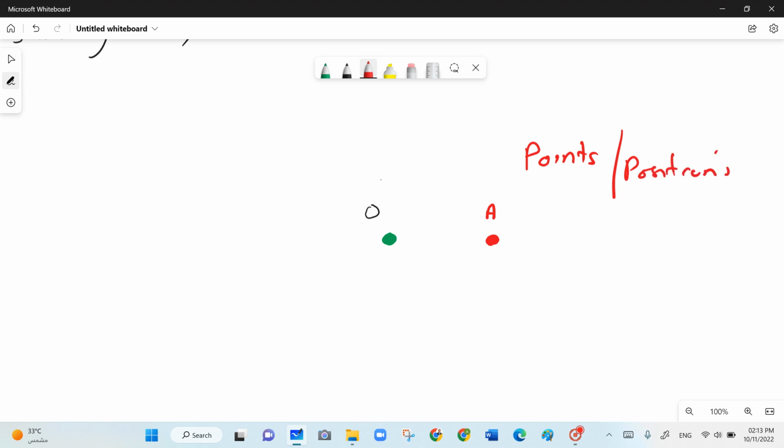Also I can say there are 2 places. Maybe O is your home when you're going to move towards somewhere, school or somewhere, and A is your school, or rather your destination. So I can also use the word places. So O and A can be 2 places, 2 positions, or 2 points. Another thing we can observe between O, the origin, and A is that between them there is a space.